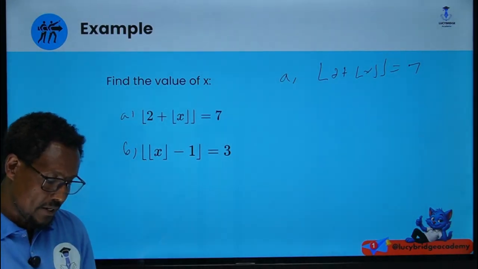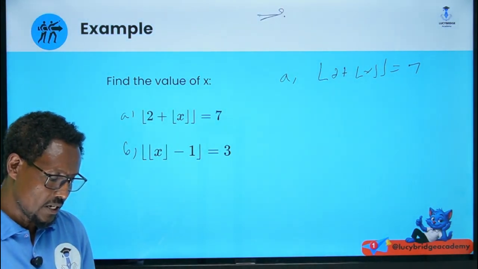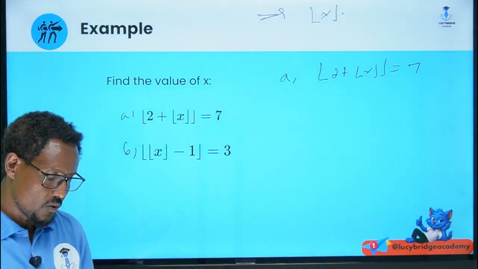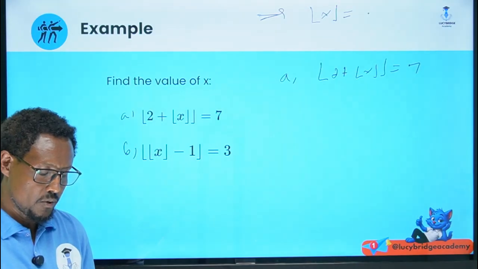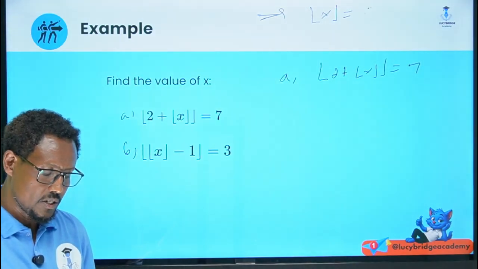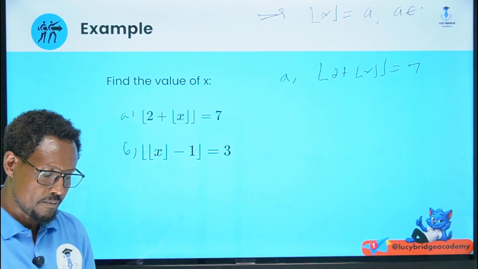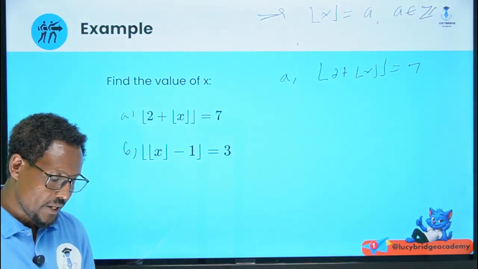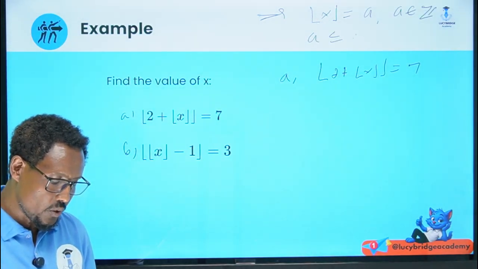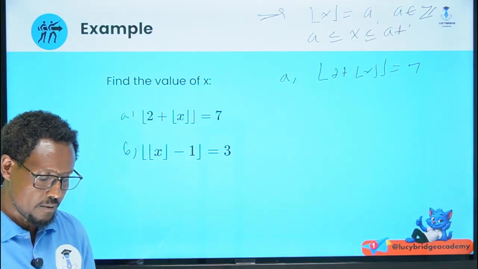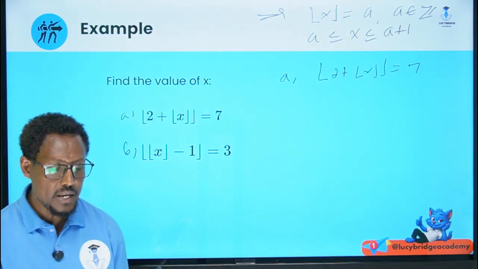This means you should always work carefully here: if floor of x is equal to a, where a is an element of integer, it means a is less than or equal to x less than a plus 1. Okay, x is between a and a plus 1.